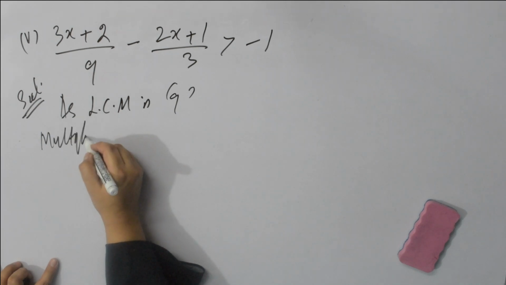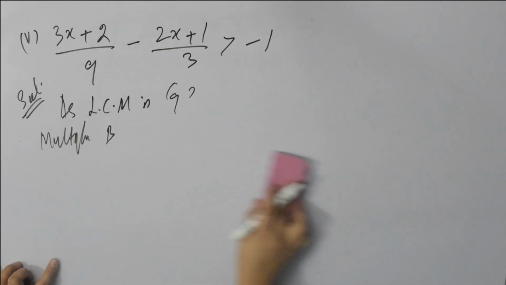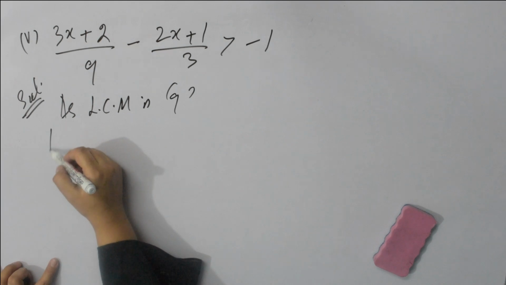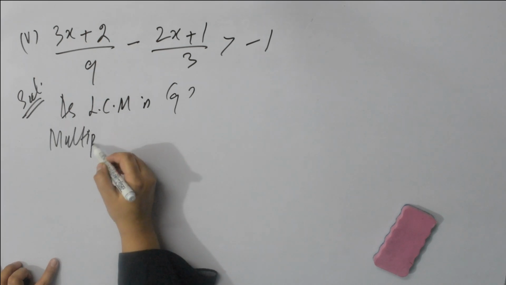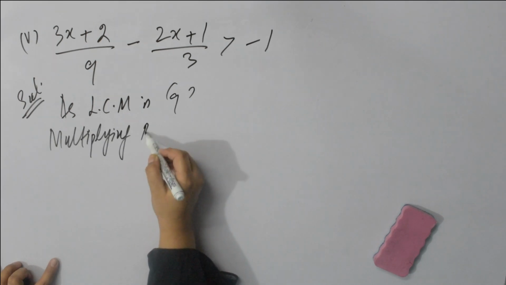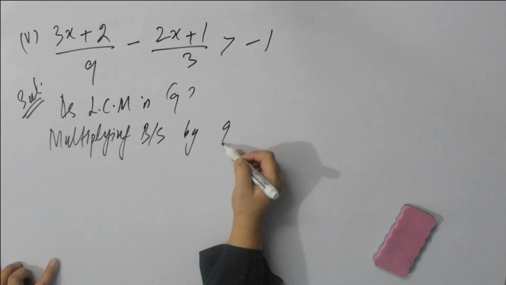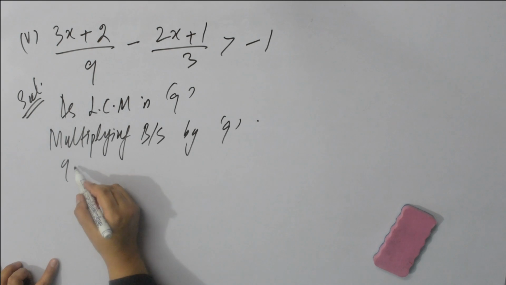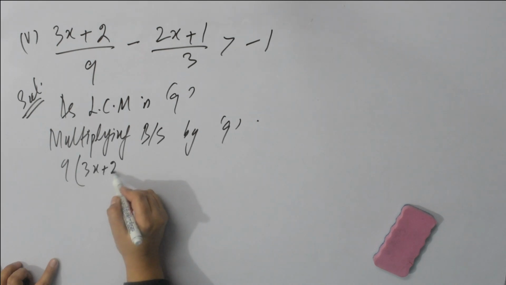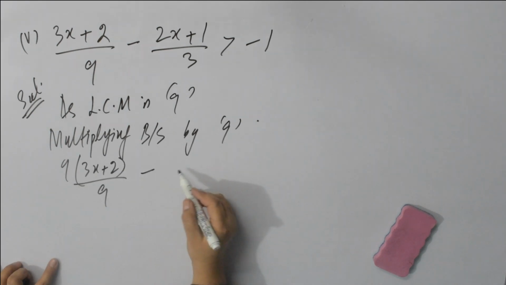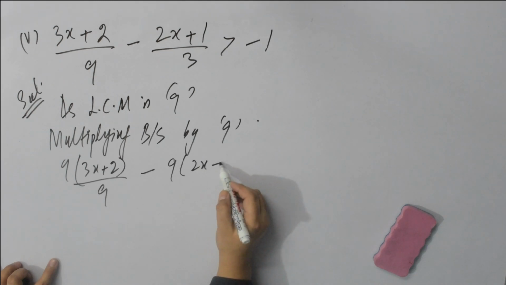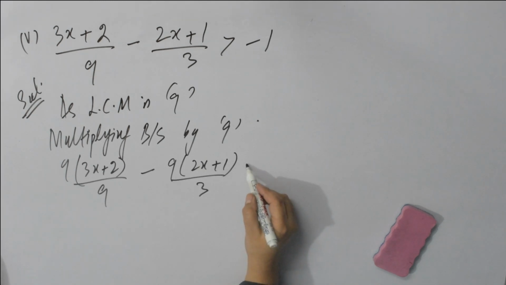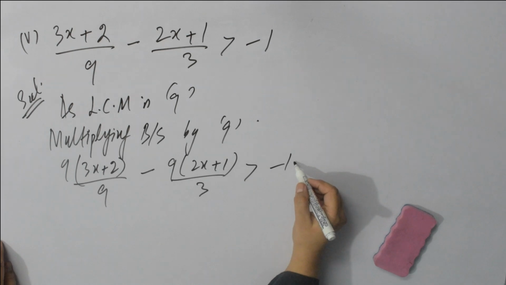Multiplying both sides by 9, so 9 into 3x plus 2 upon 9 minus 9 into 2x plus 1 upon 3 into minus 1.